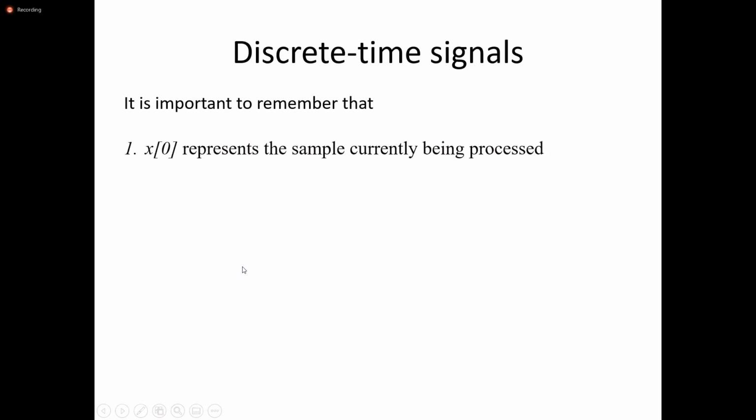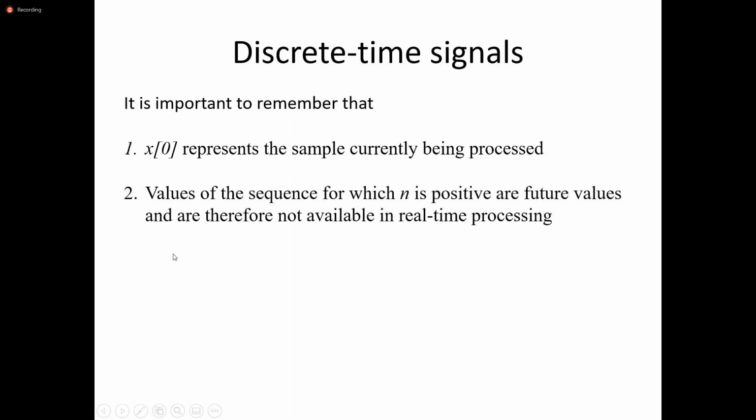It's important to remember then that x of 0 represents the sample currently being processed, that values of the sequence for which n is positive are future values and are therefore not real-time processing, yes?